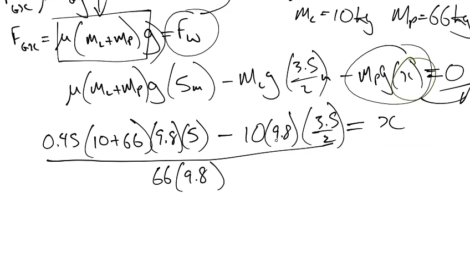Now let's get out our trusty RPN calculator and see what we get for this value. So we're going to go 0.45, enter, 10, enter, 66 plus, that was easy, 76, times 9.8 times, 5 times, and then 10, enter, 9.8 times, 3.5 times, oops, I messed up.